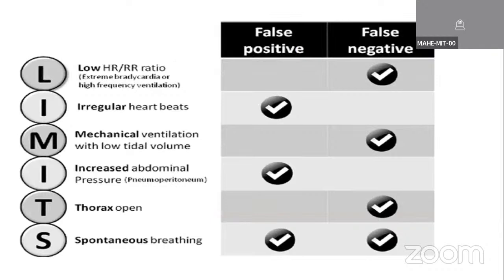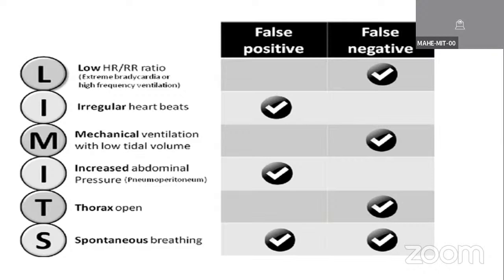So there are other external confounding factors which can cause false positive and false negative values in the pulse pressure variation. Extreme bradycardia or a patient having a high respiratory rate can cause false negative PPV values. If the patient has arrhythmias, the patient can have false positive values.